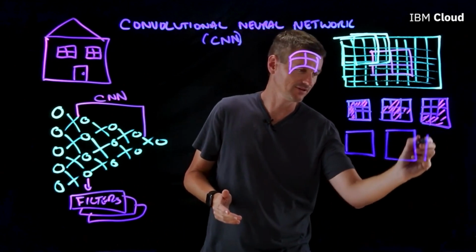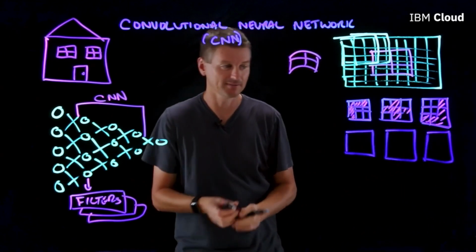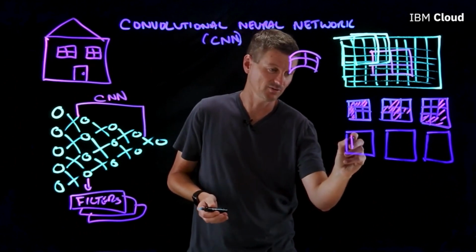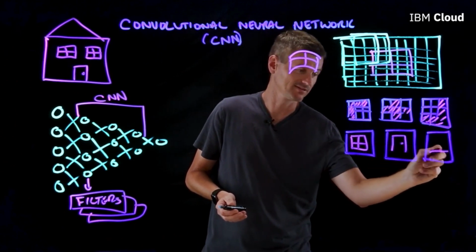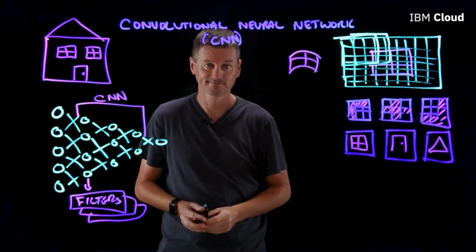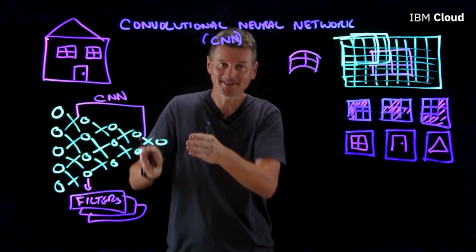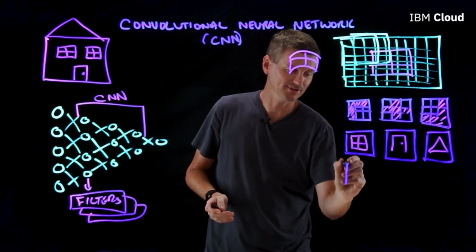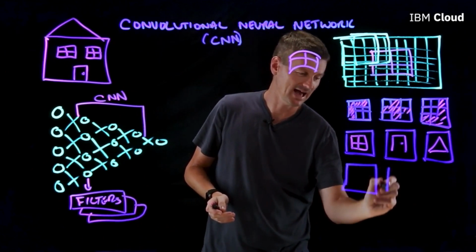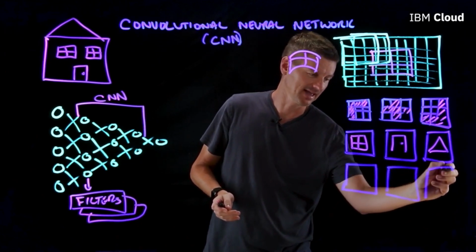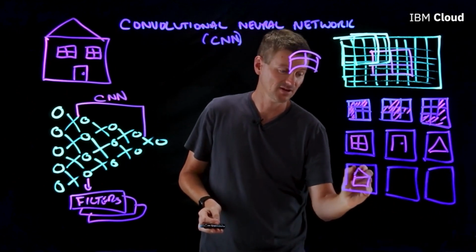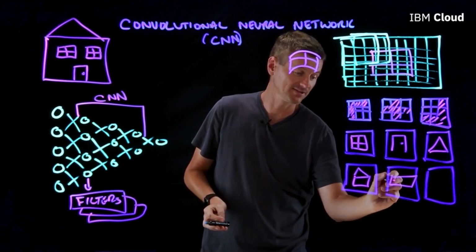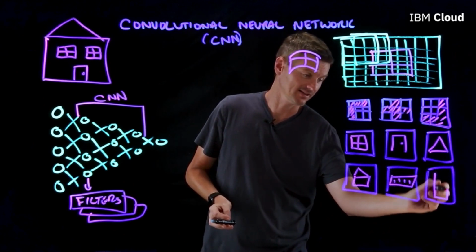So we could have filters here that might be able to recognize the presence of a window, or the presence of a door, or the presence of a roof. And as we go deeper into the CNN to the next layer, well, maybe these filters can perform even more abstract tasks, like being able to determine whether we're looking at a house, or we're looking at an apartment, or whether we're looking at a skyscraper.